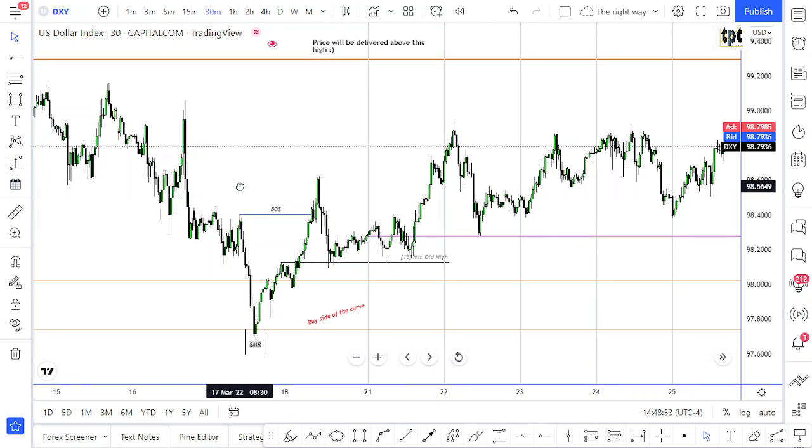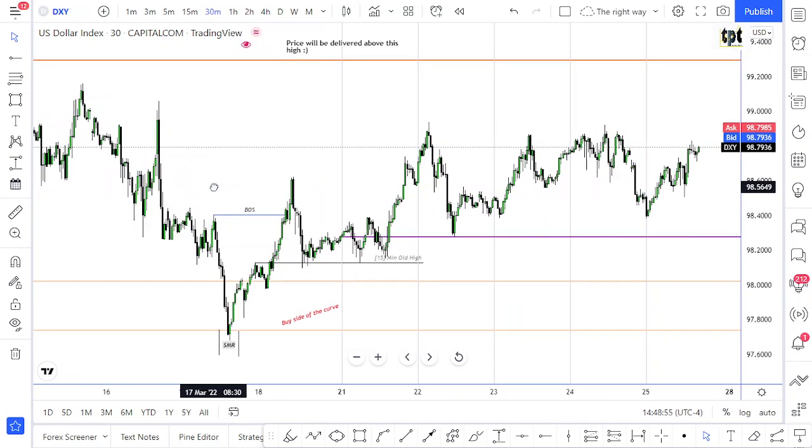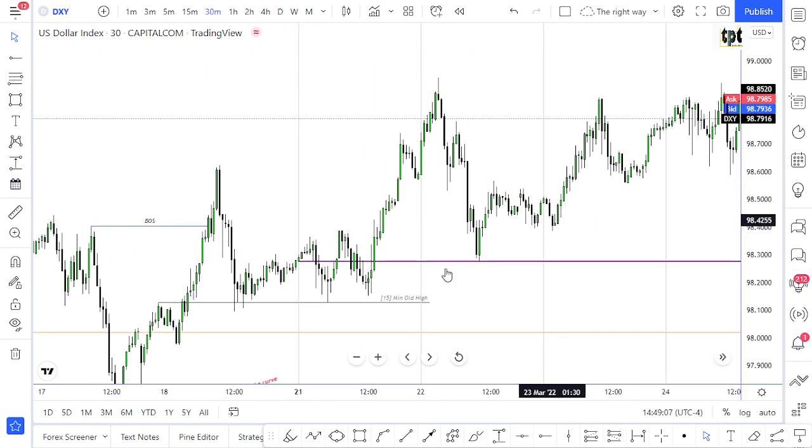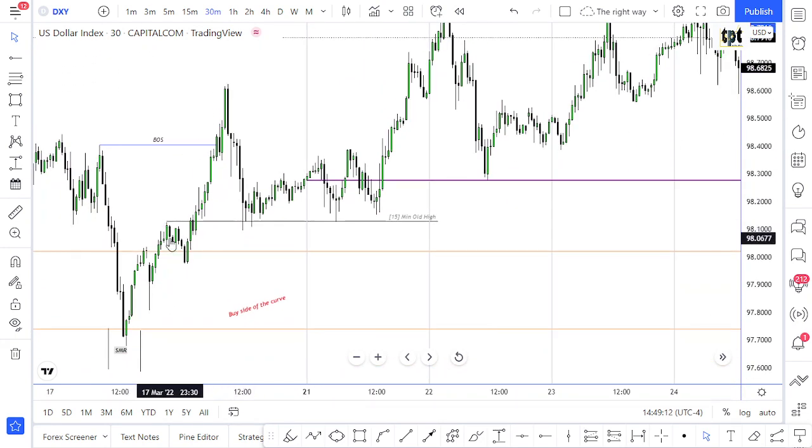Demand is now stepping in and supply is being exhausted, whereby the market now retraced into this 15 minutes old high coupled with this order block 30 minutes and also the 15 minutes order block. You are able to see it. This is our order block inside the 15 minutes old high.